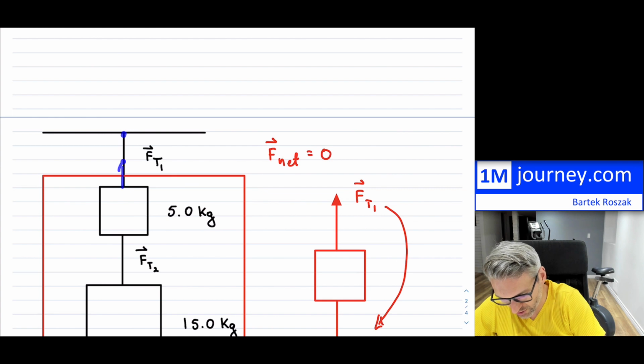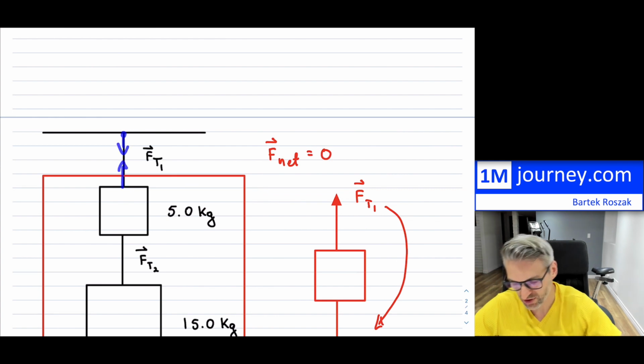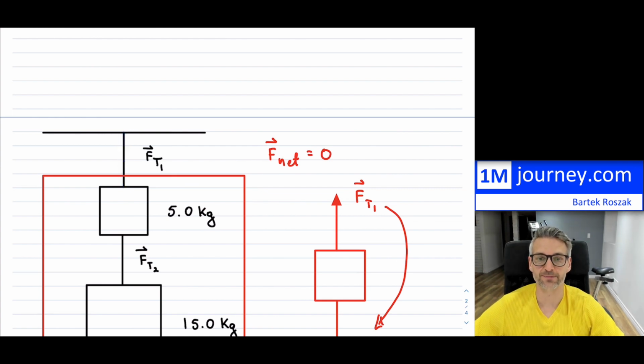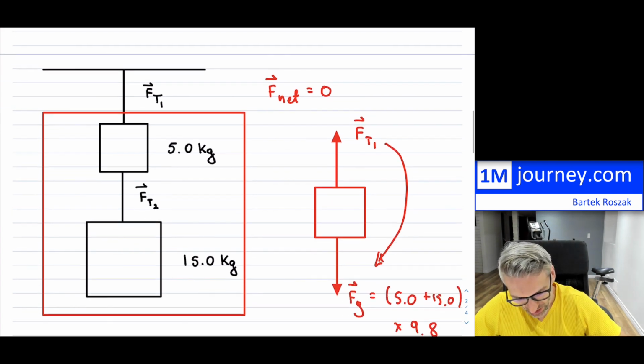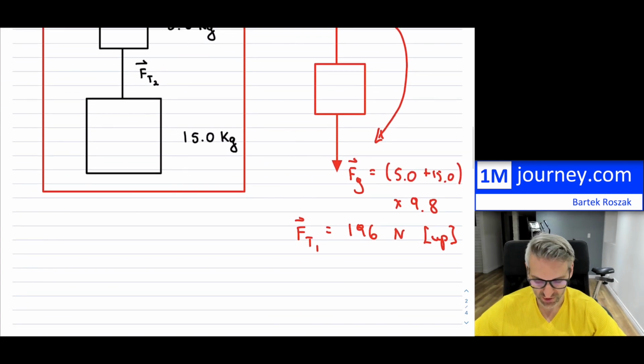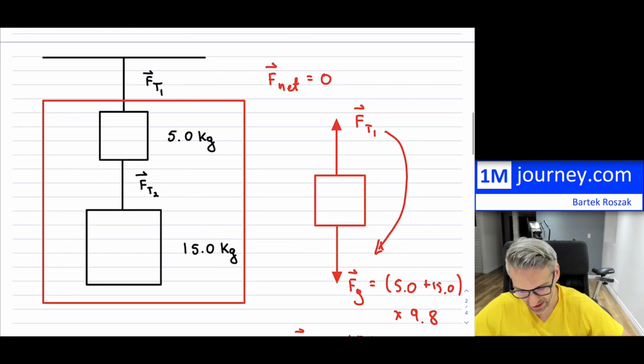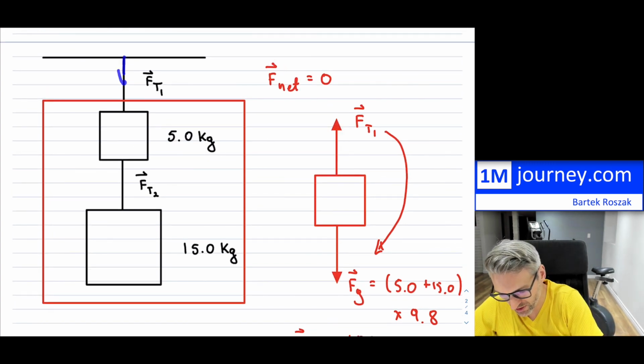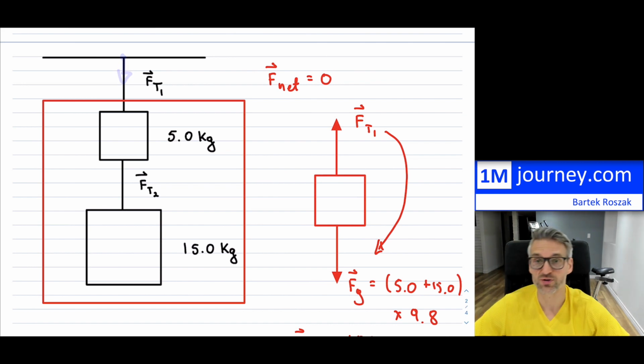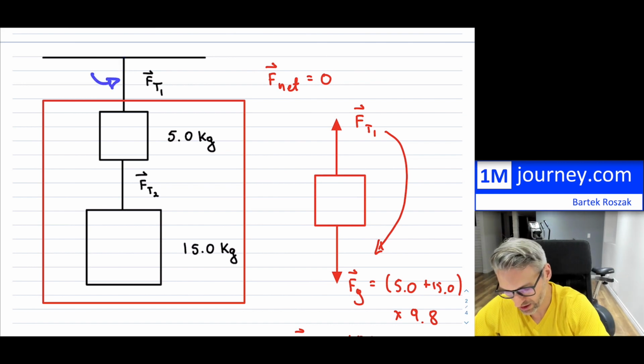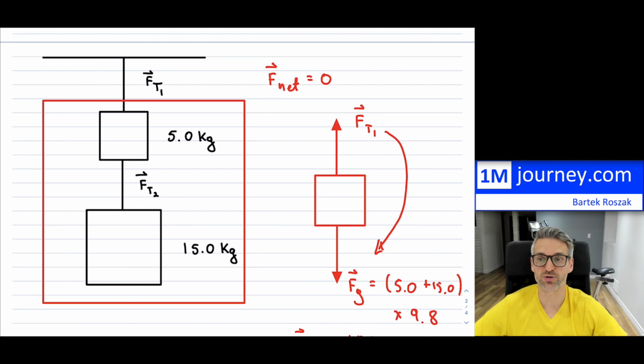Whatever this is going through, this is in the opposite direction. So we have 196 newtons up, based on the free body diagram we have done. That means this is 196 newtons down over here. So that's the tension that we would have in this particular rope or string.